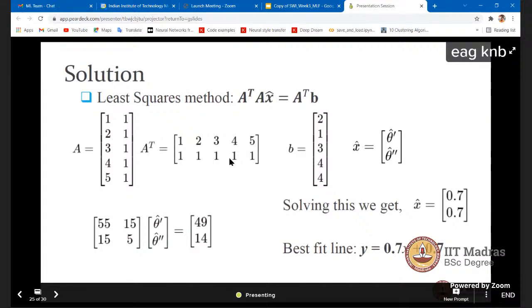The only main thing in solving this least squares method is you have to form this augmented matrix, that is the coefficient matrix A, correctly. So what happens if you put this one before this column? At that time, theta prime will represent your intercept and theta double prime will represent your slope.